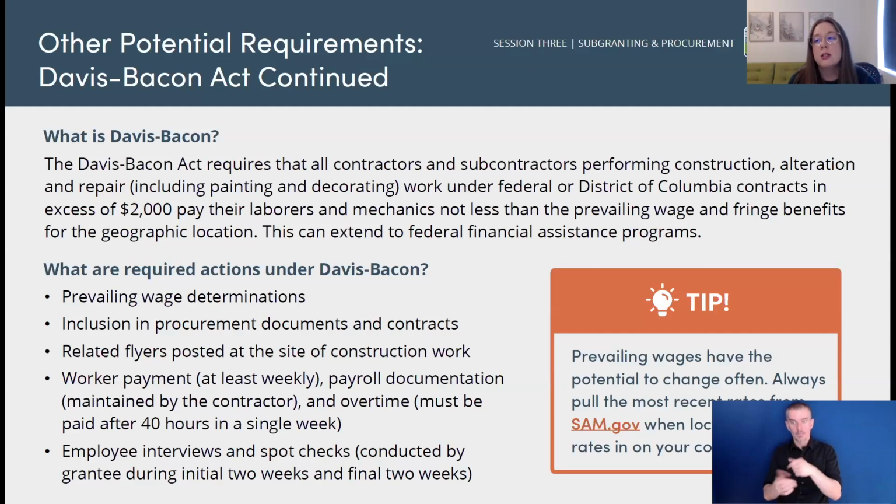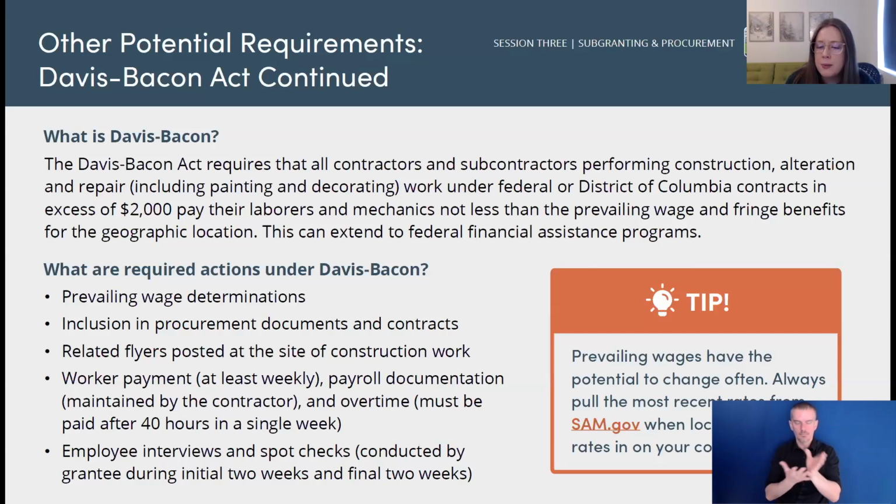This can get a little complex if multiple workers are doing multiple different types of work, so your contractor has to look at this closely, know all the different things their team is working on, and pay them at the correct rate for each type of work.